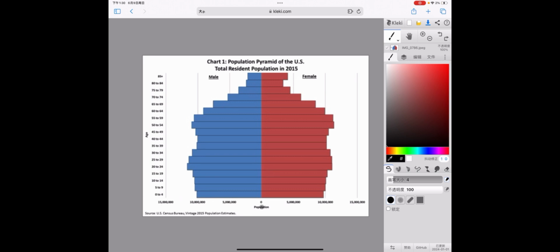You can see this kind of as a bar chart, but it has two sides, one side is the male population and one side is the female population, and in most cases they would pretty much mirror each other. The overall shape of a population pyramid can determine if a country's population is growing or if it's shrinking. We can see a few examples here.